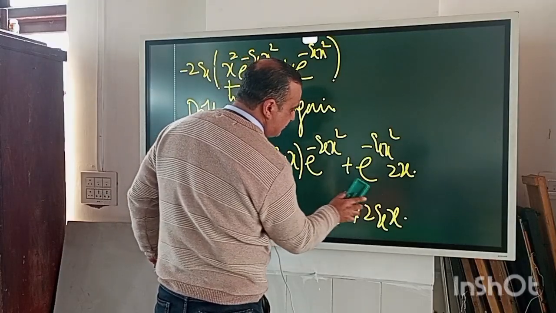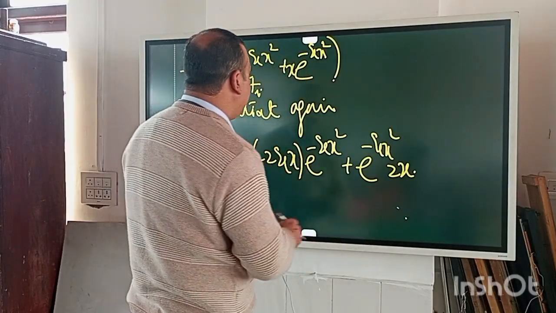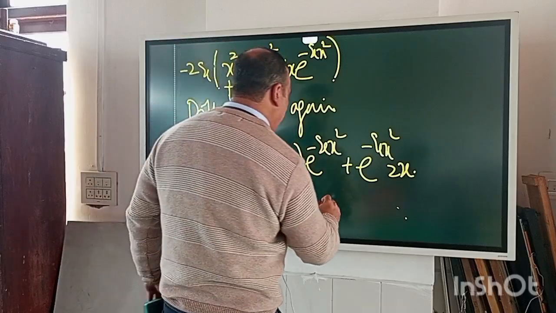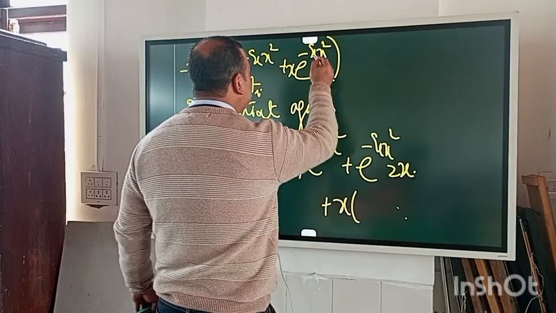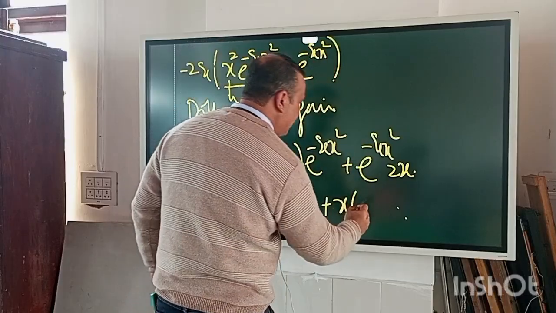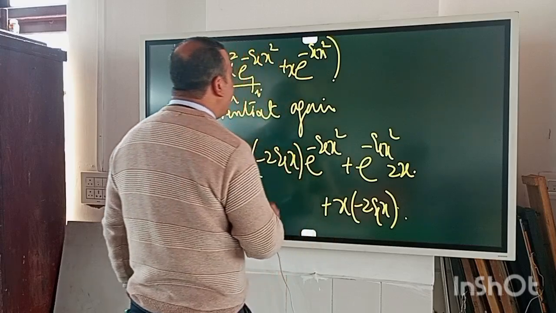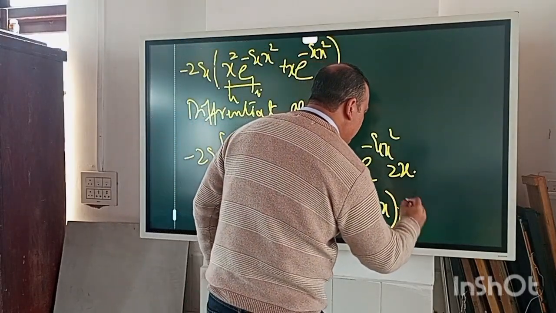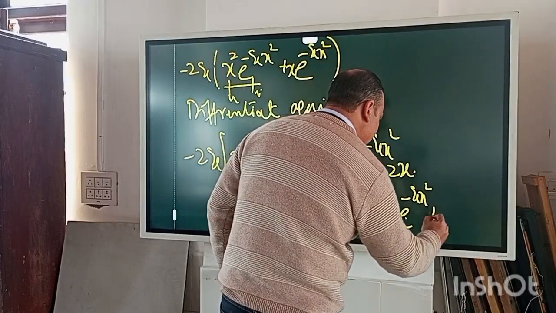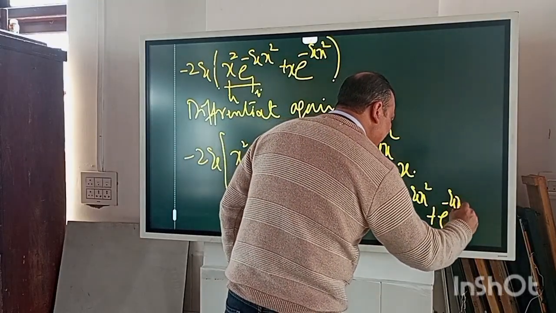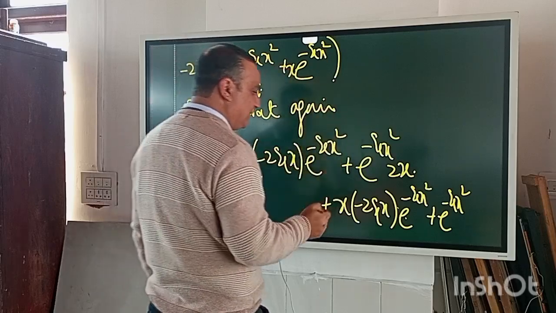So this term, let me rub it for the time being. Now in this case, what I have is plus x into the differentiation of this thing, which will give me minus 2 zeta x, and then you will have e to the power of minus zeta x squared, and then plus e to the power of minus zeta x squared as it is, x into the derivative of x, that is equal to 1.